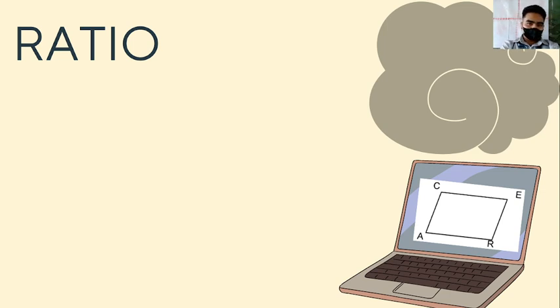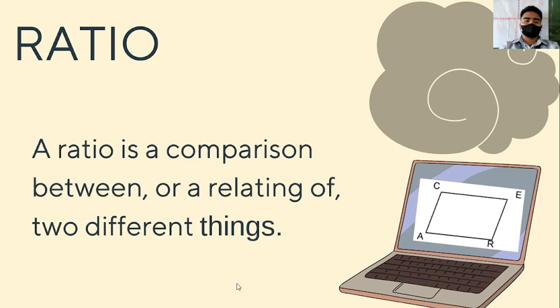Maybe some of you already have that idea. Alright, so let us define what is a ratio. A ratio is a comparison between or relating of two different things. Or we could say that a ratio is a comparison of two quantities. So it means that you are comparing two quantities.